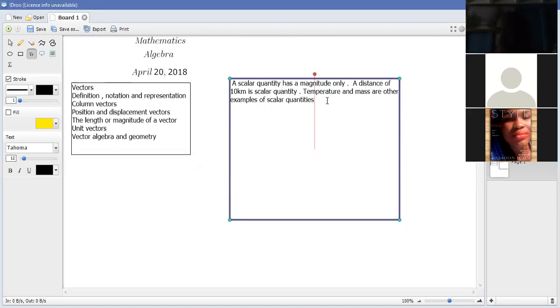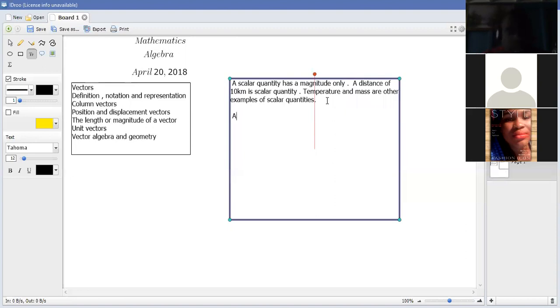So these only have magnitude. They will say 10 degrees Fahrenheit, 10 degrees Celsius, mass 1,000 kilograms, etc. So when you talk about scalar quantities, you talk about mass, temperature, distance, etc.